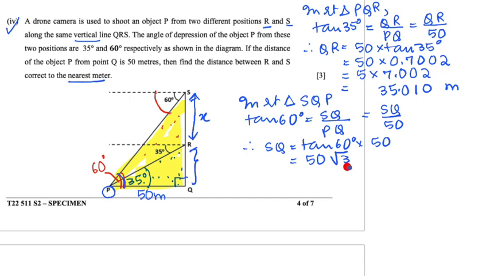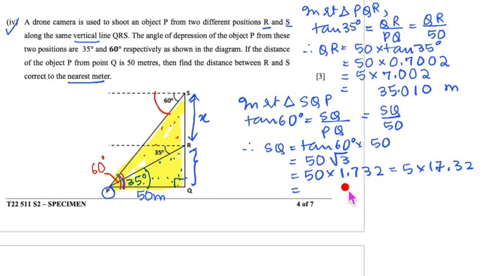I'm writing it like so. So that will be 50 into 1.732. That will be 5 into 17.32. So 5 2's 10, carry 1, 5 3's 15, 1 16, carry 1, 5 7's 35, and 1 36, 5 1's 5, and 3 is 8. So we have 2 decimal places like this.